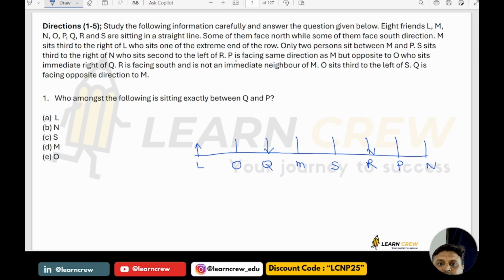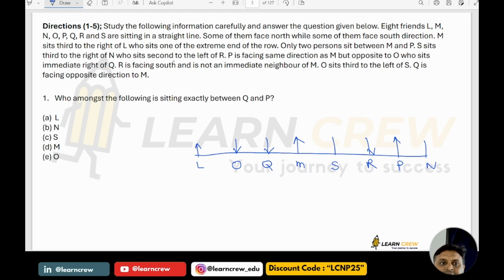R is facing south and is not the immediate neighbor of M. O is third to left of S. Q is facing opposite direction to M. So M has to face north, and P is facing same direction as M but opposite to O. R is facing south.